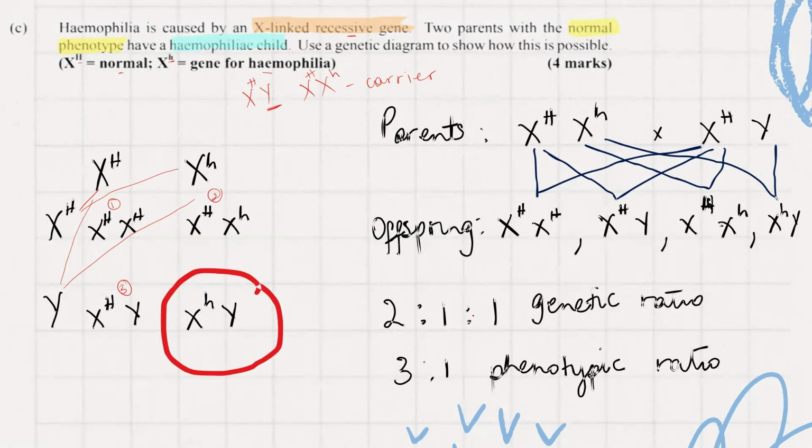So we have a 2 to 1 to 1 ratio. 2 meaning that we have 2 possibilities for your offspring to have just this dominant trait, which is number 1 and number 3. 1 meaning we have one carrier here, so one heterozygous offspring or chance, and then the other one, which is this child here, or the chance of having that child with the actual gene for hemophilia.